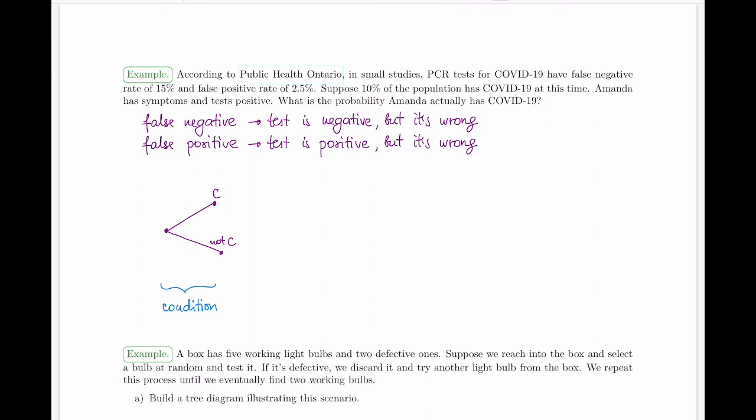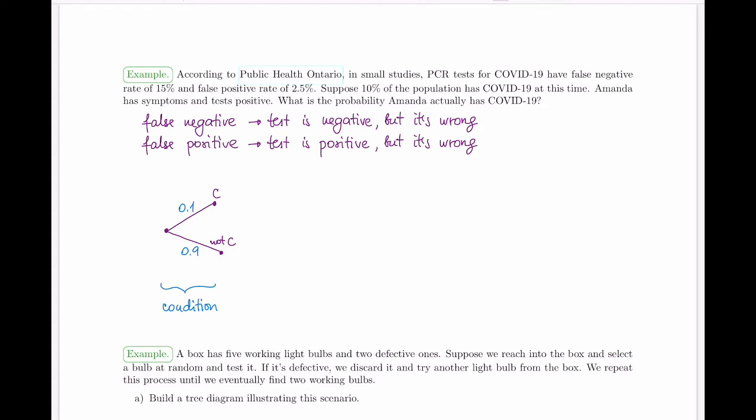So now I can assign that percentage to the branches. 10% of the population has COVID means that this branch should have the probability 0.1, and 90% of people do not have COVID. So 90% of the people should belong to this branch.